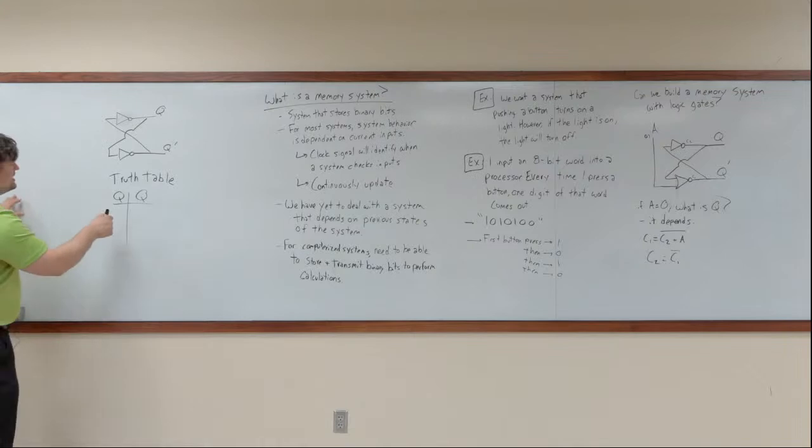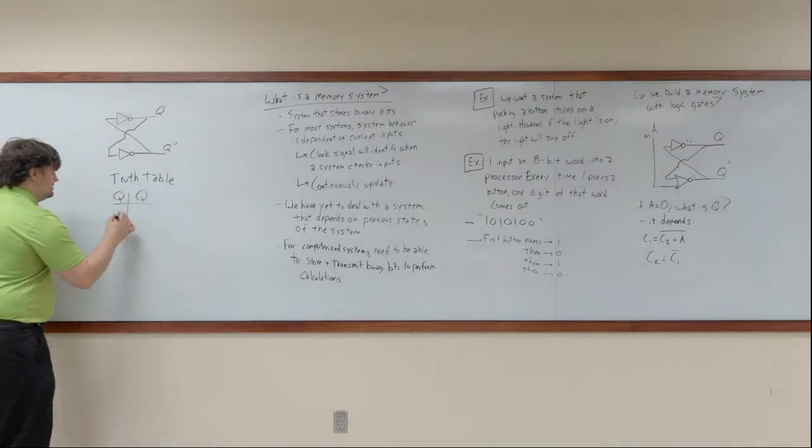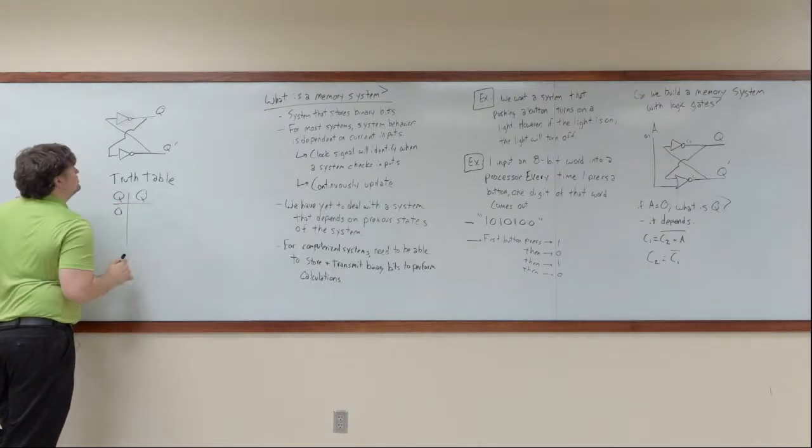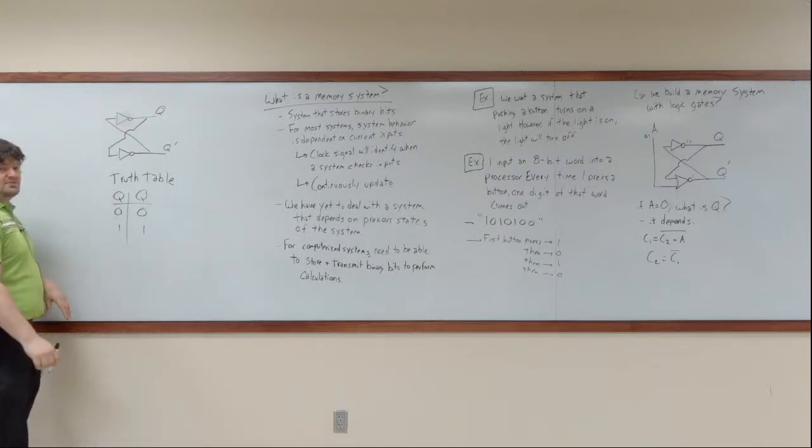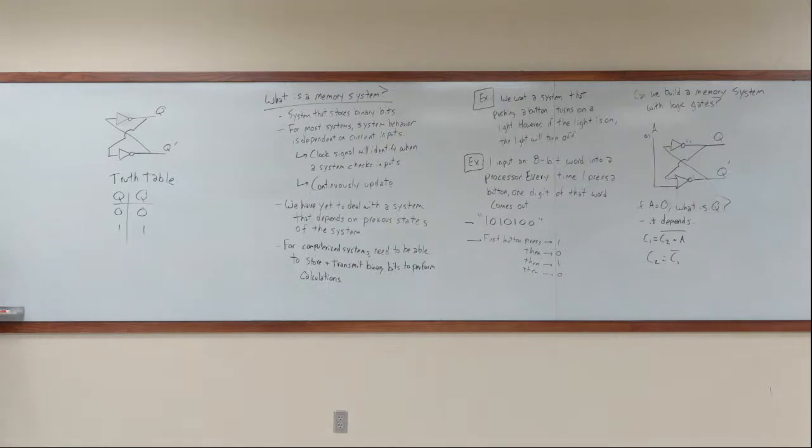So here, if Q is 0, well then obviously Q is 0. Q is 1, obviously Q is 1. Well, that doesn't make any sense. Well, why even have a truth table if the output is the input?